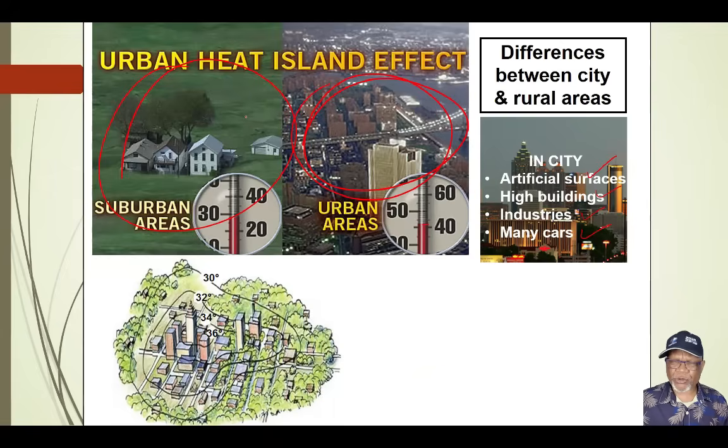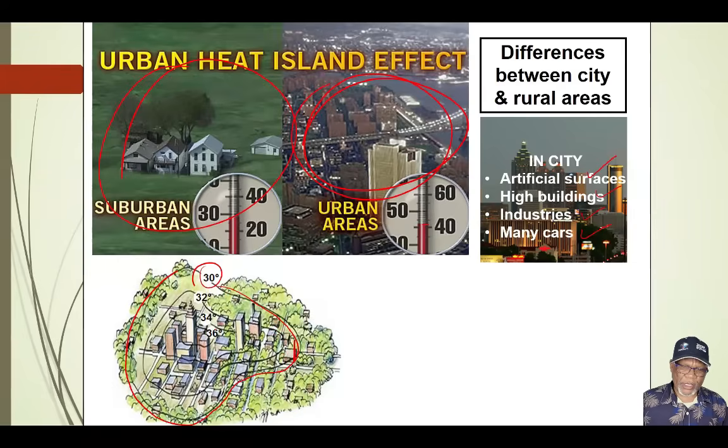So what we are looking at here are the isotherms. What are isotherms? Those are the lines that join places with the same temperature. If we are looking at this isotherm here and you follow it right around, it shows that the temperatures around here are around 30 degrees.